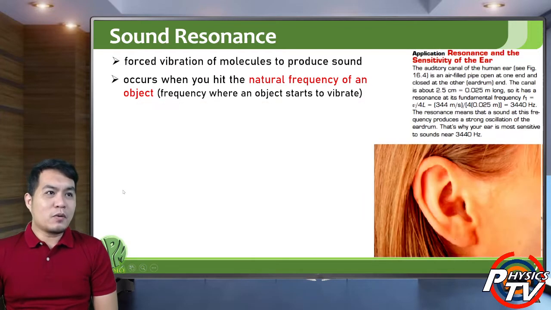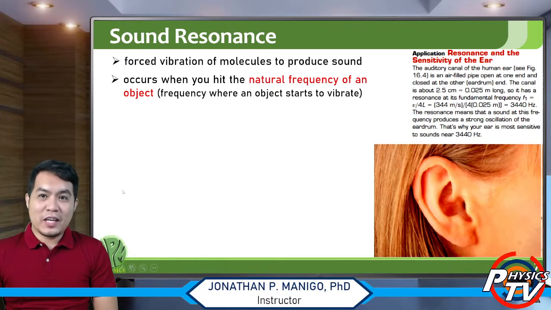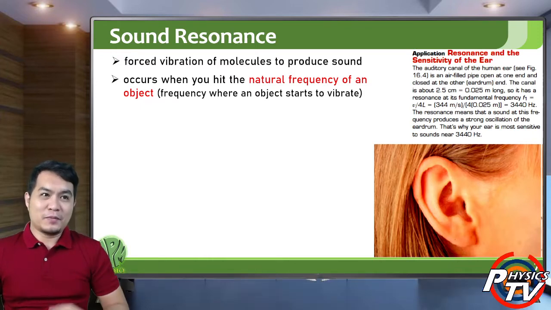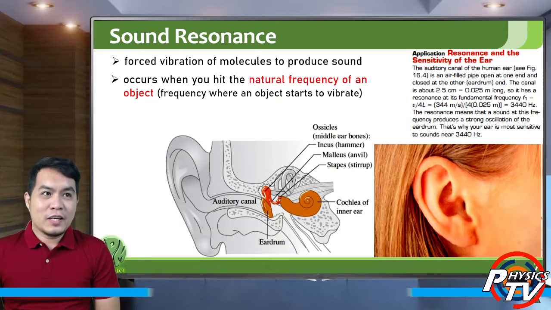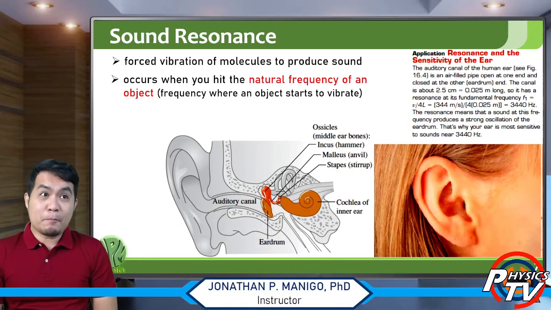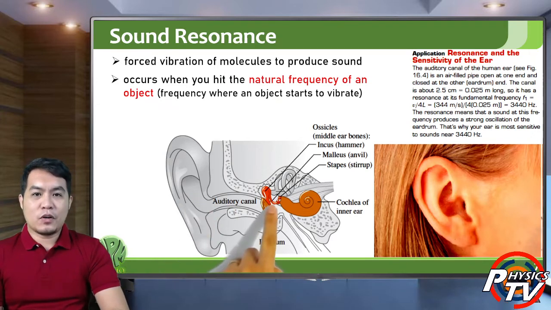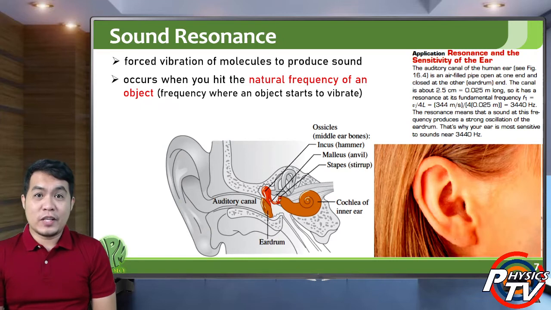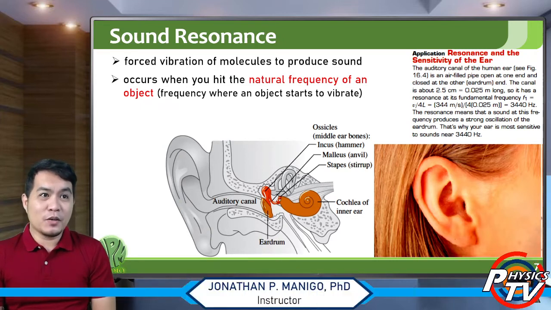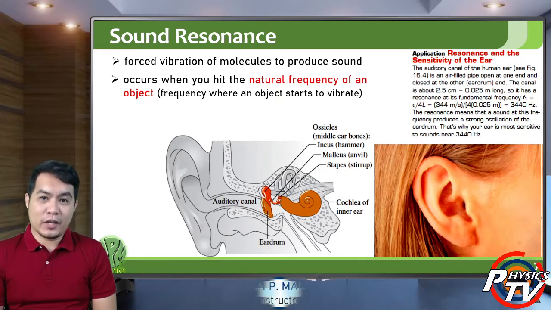There's also resonance occurring in our ears, especially if there's a certain frequency that we hear. Our ear is actually like a stop pipe, open on one end, closed on the other end. So we have only odd harmonics.